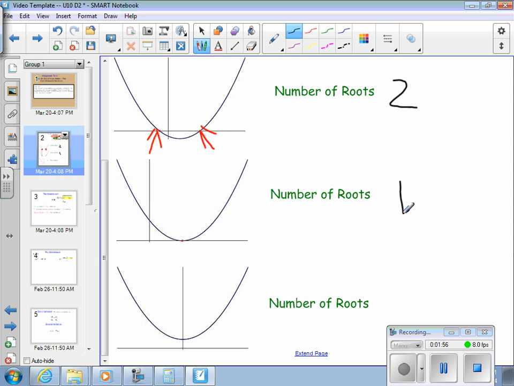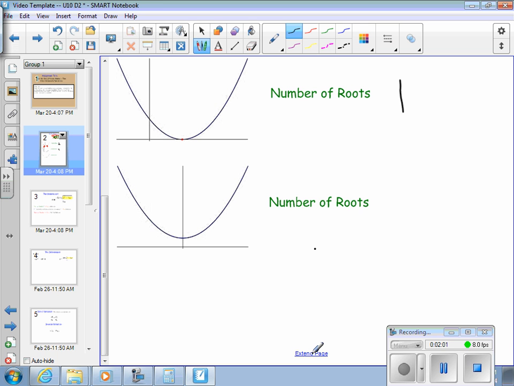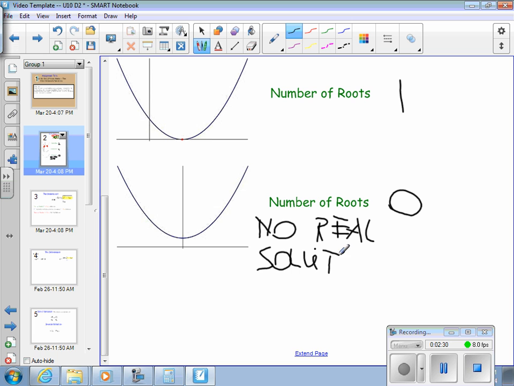And the third situation is that the parabola does not cross the x-axis. And if that's the case, how many roots are there? There are no roots, and we refer to this as no real solutions.